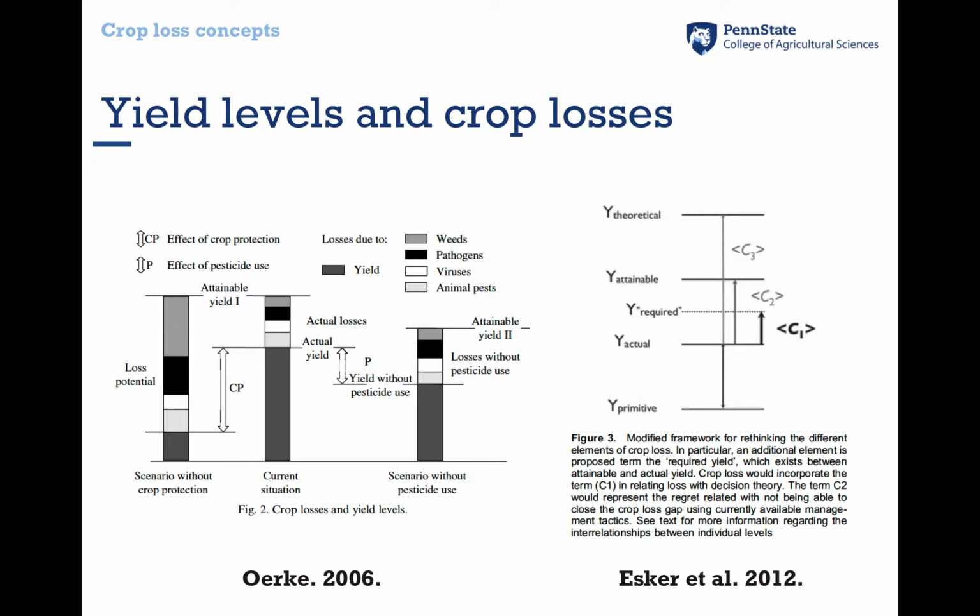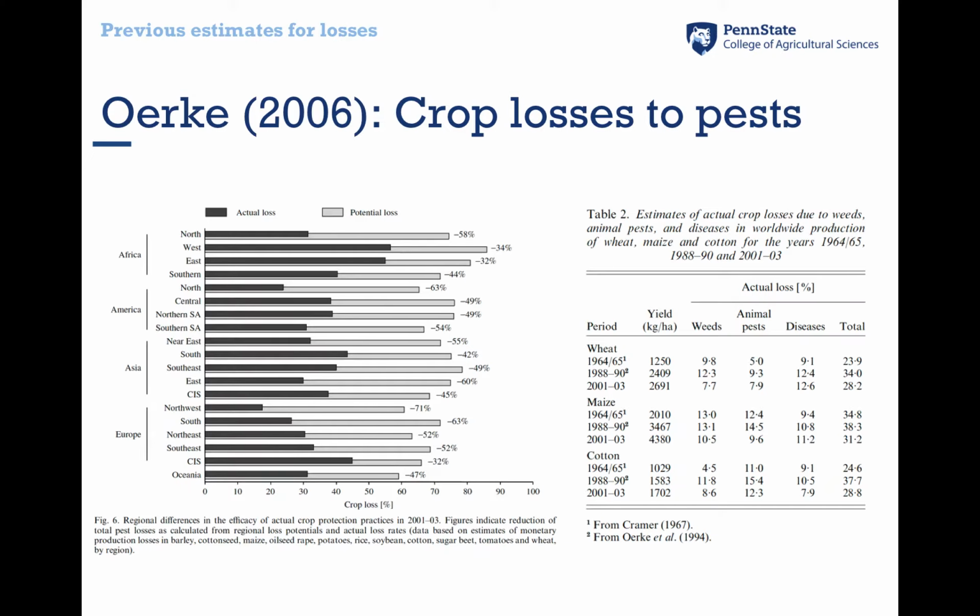We haven't been able to tackle this at an empirical level, but it has some similarities to what you might expect to see here in Oerke's work, that we're at an actual yield. We know we can drop down a little bit if we don't do certain things, but how far up can we actually tip this without putting too much chemical out there without any benefit, and maybe having a negative environmental impact? How do these estimates come about?